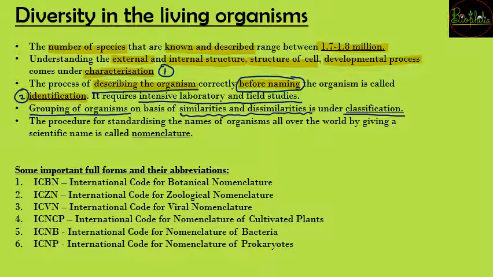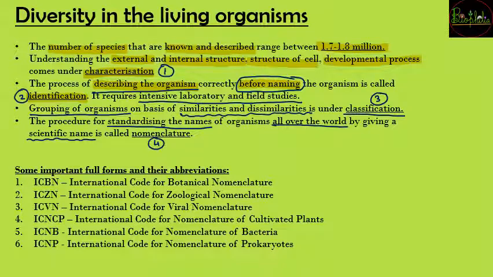Now, once you have classified the organisms in the third step, then you are going to identify and give a standardized name, and this standardized name is going to be accepted all over the world by giving a scientific name. Scientific name जैसे ही मिल जाता है, that procedure is called as nomenclature. That is your fourth step.